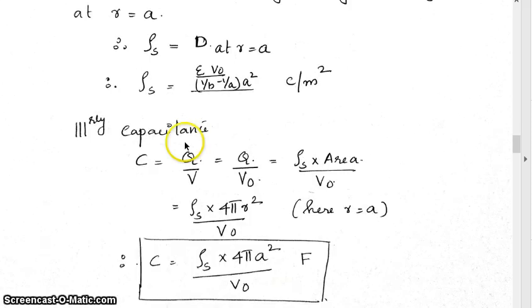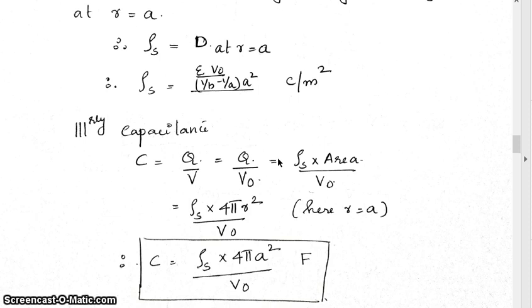Similarly, you can find out the capacitance also. We know there is a relation connecting Q, C and V, that is Q is equal to CV. From that you can find out C is equal to Q by V. As per this equation, that is equal to Q by V0, and this Q can be represented in terms of charge density.